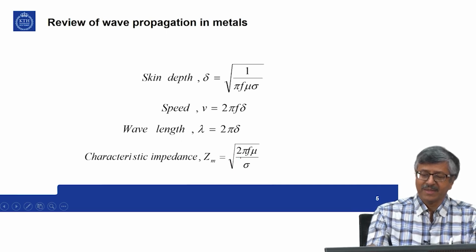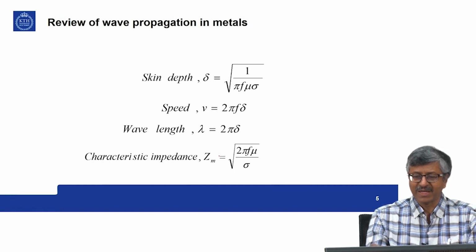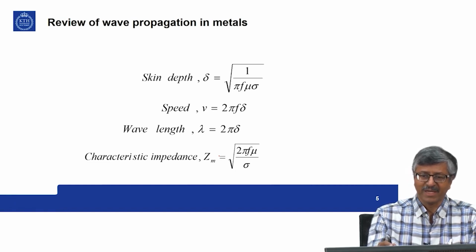And here the mu and conductivity, where mu comes in the numerator and conductivity in the denominator. So, you can see that on the whole, depending upon whether a material is magnetic material or non-magnetic material or highly conducting or not highly conducting, you get a very complex picture.